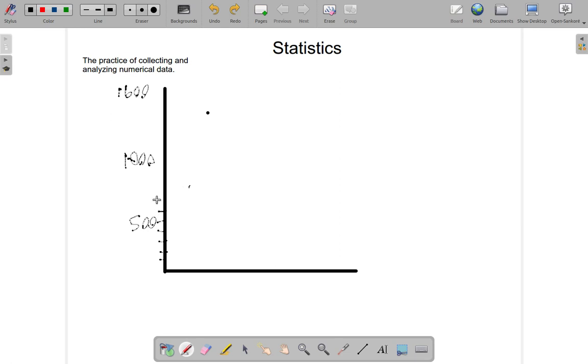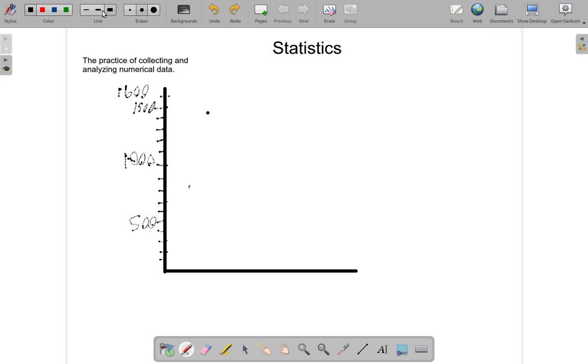You have 6, 7, 8, 9, 1,000, 1,100, 1,200, 1,300, 1,400, 1,500, 1,600. All right, nice. Now, this is the vertical axis of the bar chart because it goes up and down. Vertical, you're going up and down.